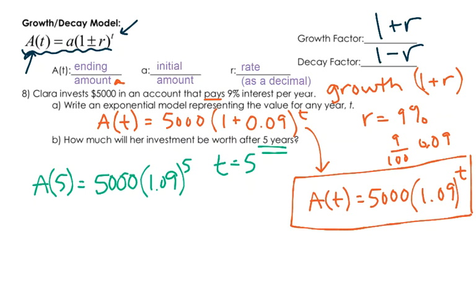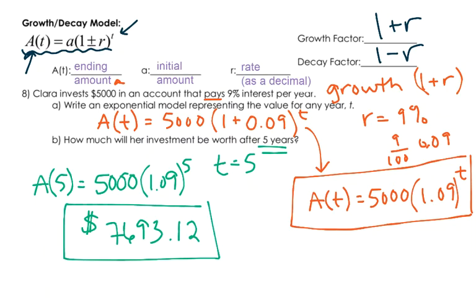They're going to get a little uglier later on. But we're talking about money. So when you work with money, you're always going to round to 2 decimal places. So my answer that I got was $7,693.12. Again, remember 2 decimal places because we're dealing with money.